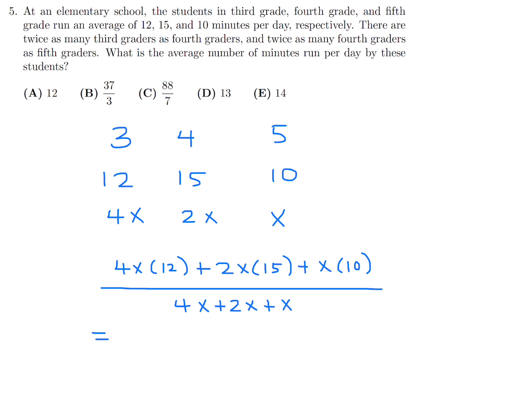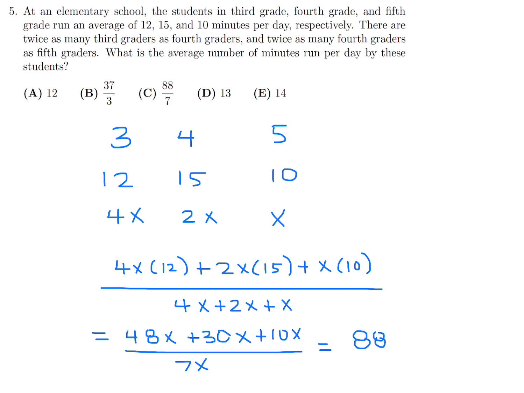And that's going to be 48x plus 30x plus 10x, and then all over 7x. So that looks like 48 plus 30, 78, plus 10, 88, all over 7x. The x's cancel and you get 88 over 7, a rather strange number, but it doesn't matter because it is one of the answers, and that is choice C.